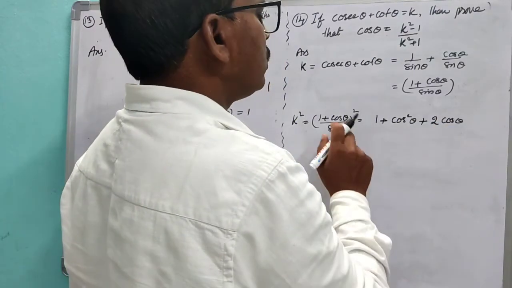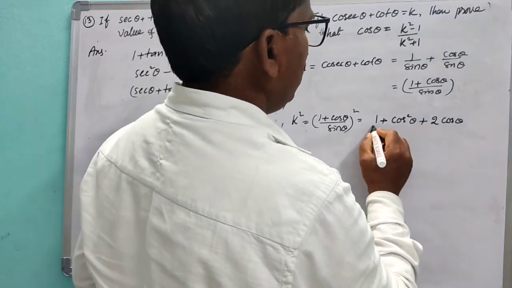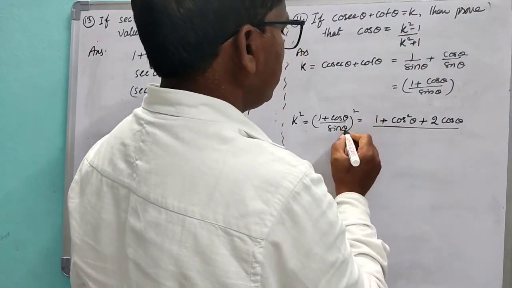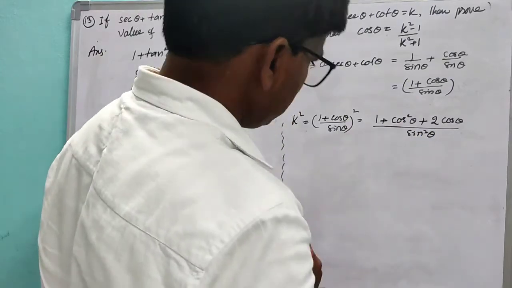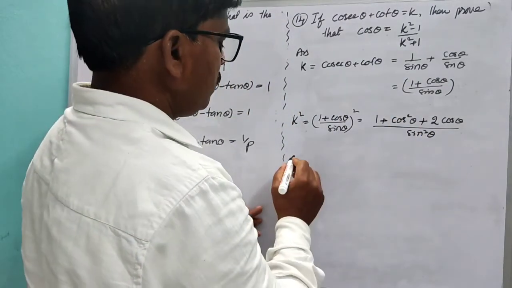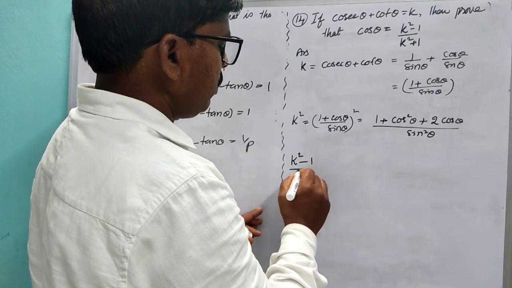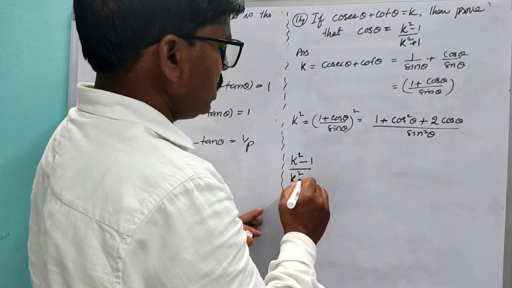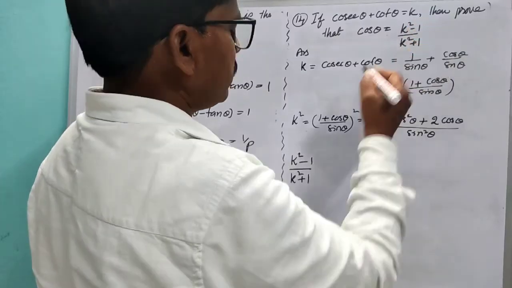So a plus b whole square is equal to a square plus b square plus 2ab form, and the square also for this, so it is just sin square theta.